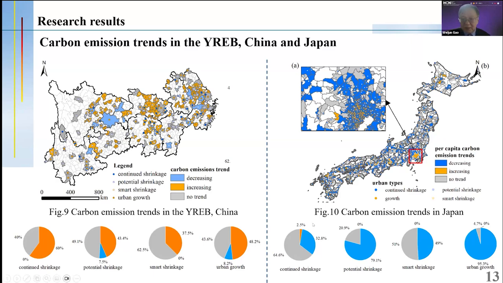In China, only 7.5% of the potential shrinkage cities and 80.2% of the growing cities have a decreased trend in carbon emission. That means it always increases, right? In Japan, more than 97% of the cities show a decrease in the carbon emission.